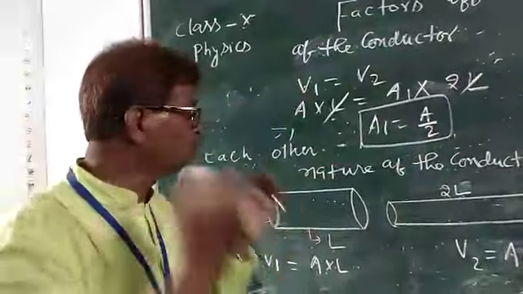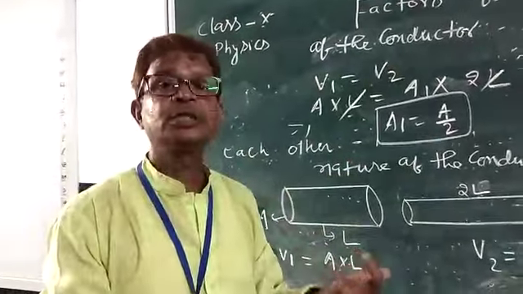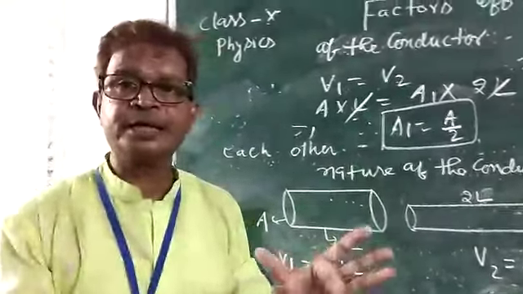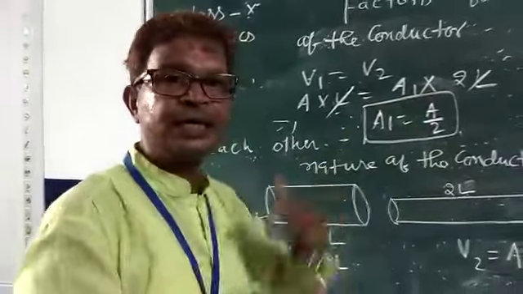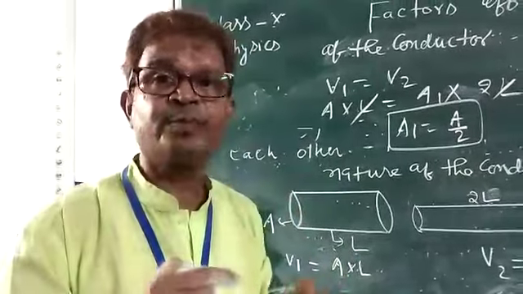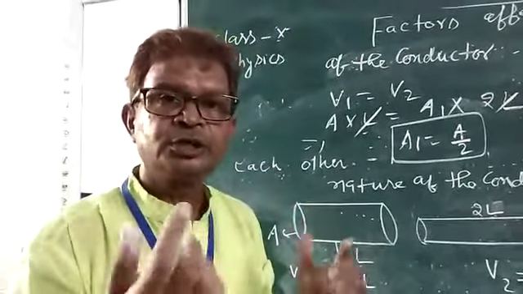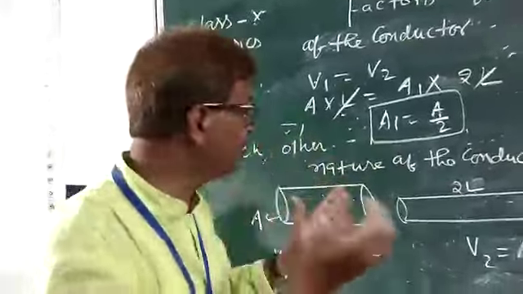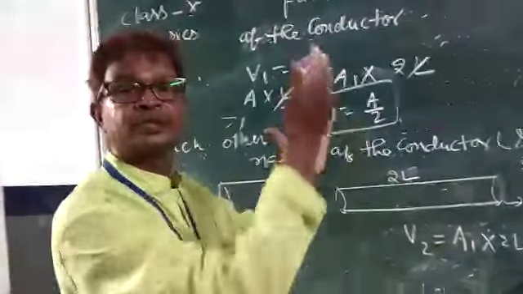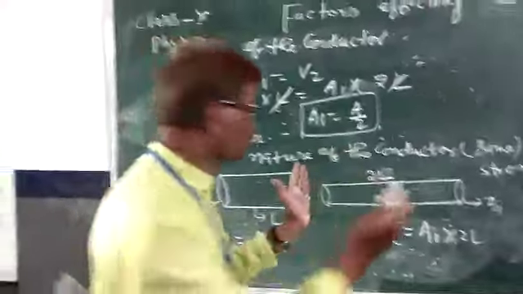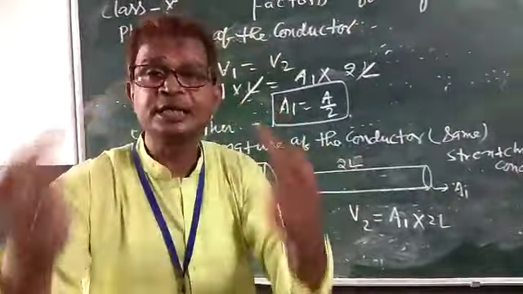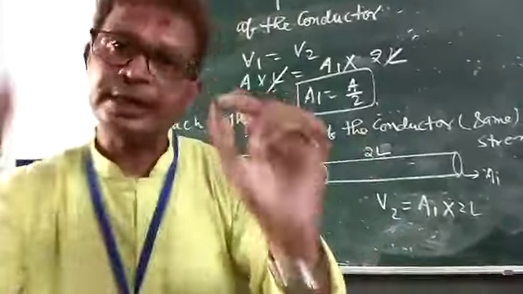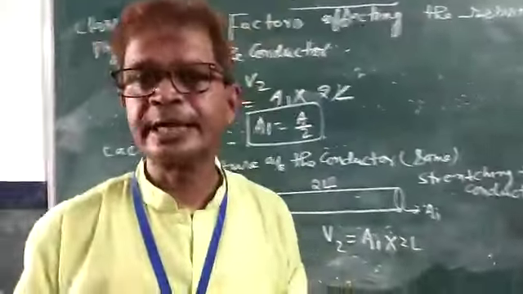So if you increase the length of the same conductor by stretching it, the cross-sectional area will change in the same proportion and will decrease. Just inversely, if you compress the conductor, then the cross-sectional area will be increased in the same proportion. Thank you very much.